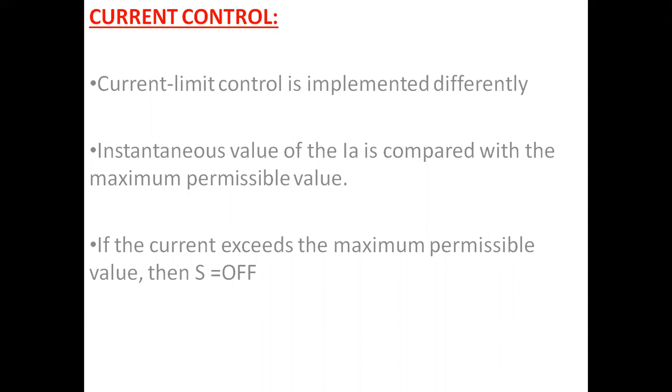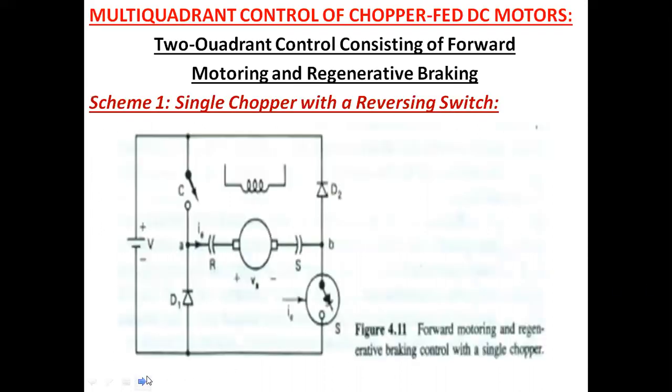Next, we will go to the multi-quadrant control of chopper fed DC drives. Until now, we have seen the single quadrant for separately excited and series motors. Now we are going to see multi-quadrant control of chopper fed DC drives, that means two-quadrant or four-quadrant operation. First, we will discuss the two-quadrant, then we will go for four-quadrant control, consisting of forward motoring and regenerative braking.